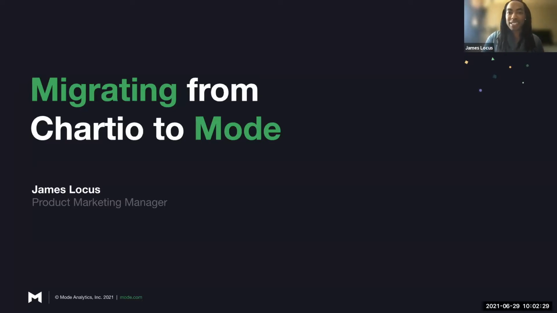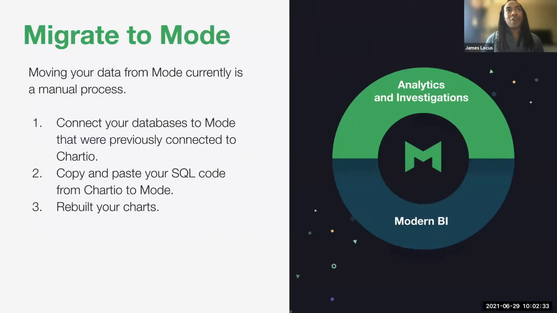So with that, let's get into the actual transition process. First, it's always important to be absolutely honest at the front. It is currently a manual process. And by manual process, it does involve essentially going into Chartio and copying and pasting the SQL query from Chartio into Mode.